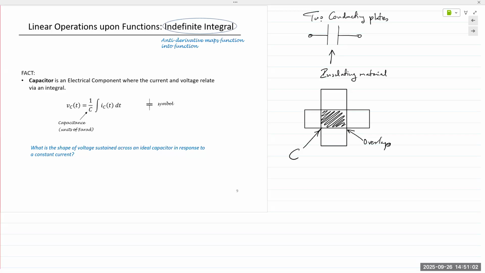The capacitor symbol is two parallel lines separated by a small distance, denoted by uppercase C. The unit is named after Michael Faraday: 1 farad, F-A-R-A-D.